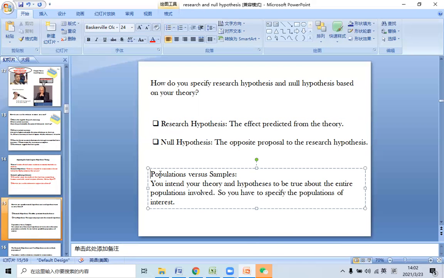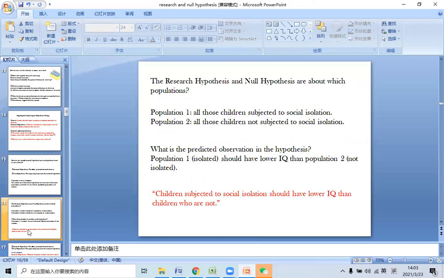Here, we need to make a difference between sample and population. Sorry, I have to correct this. Your hypothesis refers to a population, not samples.